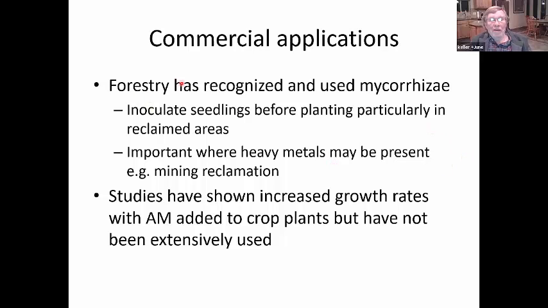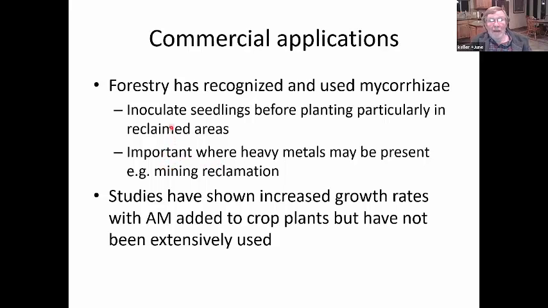So in forestry particularly, they've recognized and used mycorrhizae to inoculate seedlings, particularly if they're going to plant them in reclaimed areas. If you just take a seedling that doesn't have mycorrhizae on its roots and stick it in a mine spoil with heavy metals, you may go back a little while later and see all your seedlings are dead.